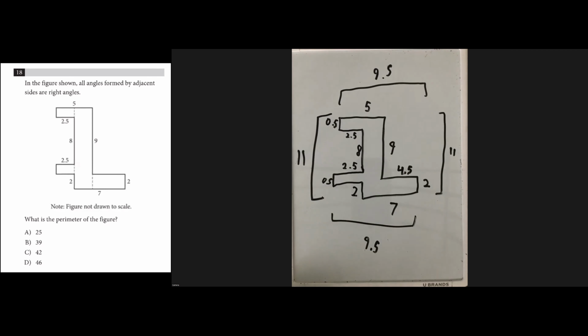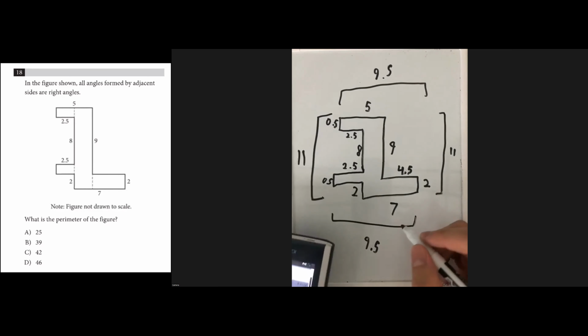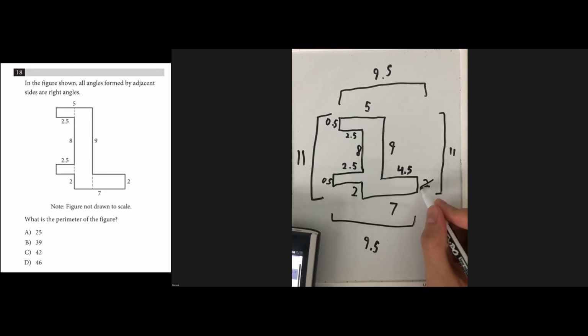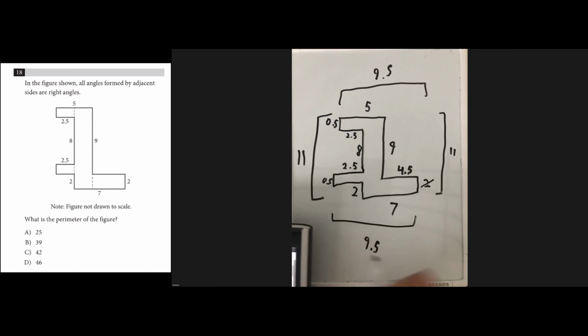So we would do 2 plus 7 plus 2 plus this 2.5.